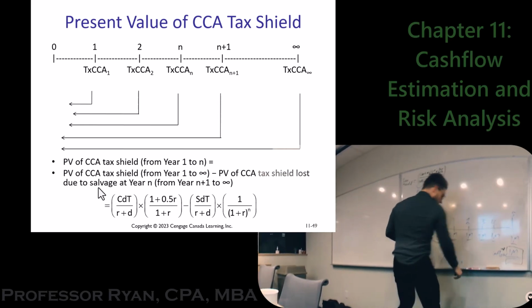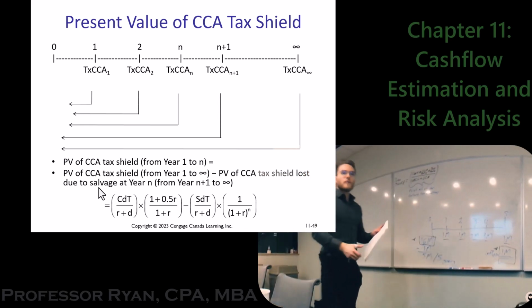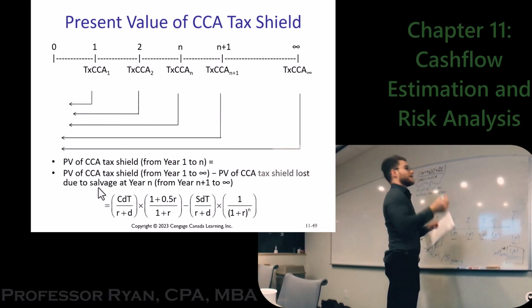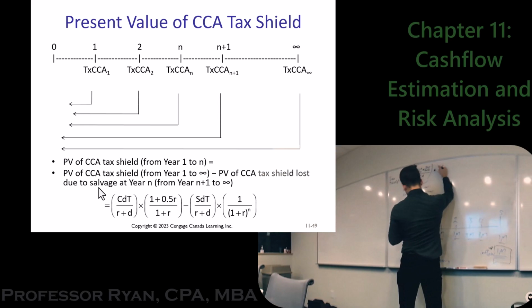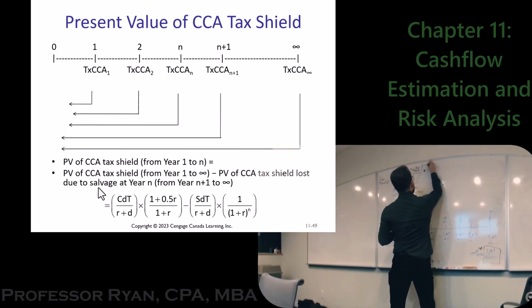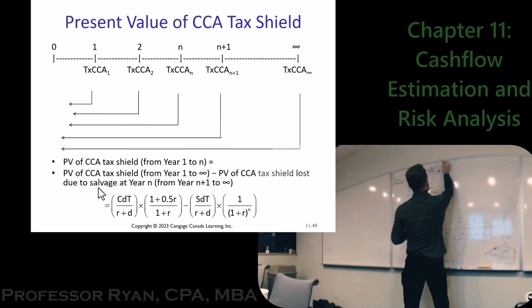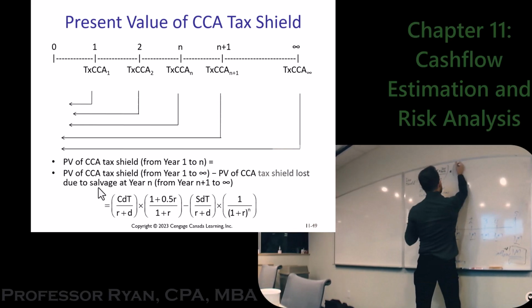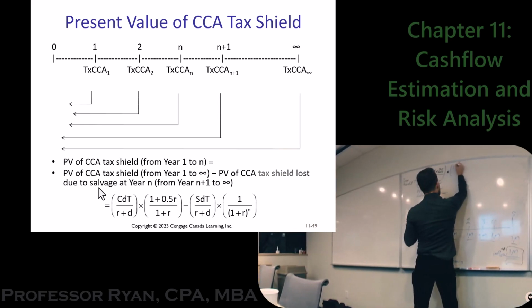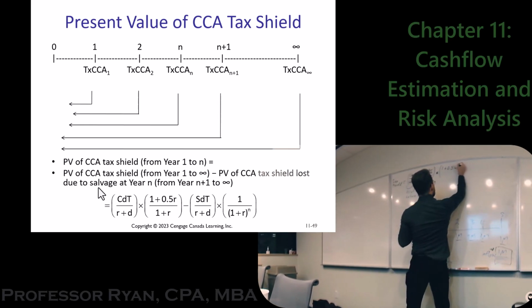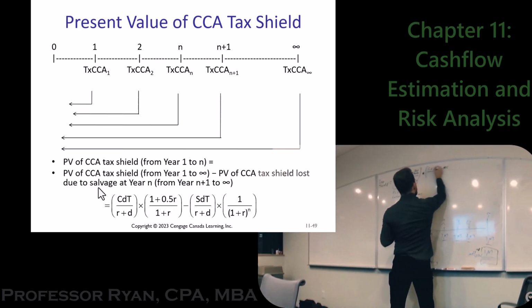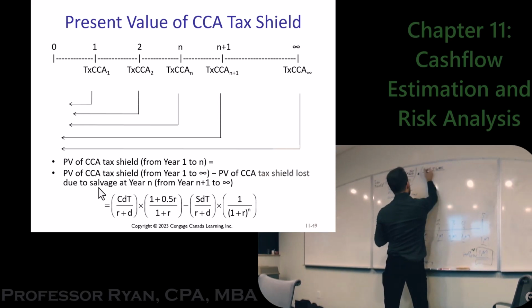Part two is this. If you remember the half year rule, we have to multiply this piece by, sorry, I need to make that bracket a lot bigger. So we need to multiply this piece by 1 plus 0.5 multiplied by your WACC, and then we divide that by 1 plus your WACC.